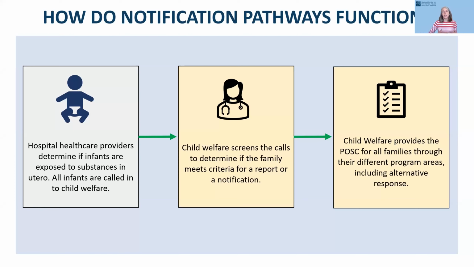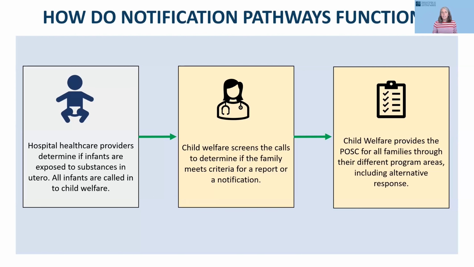In many states, if child welfare screens out or doesn't see any kind of risk issues, they have a lower intensity level that they'll work with these families within that track. So sometimes they're called assessment tracks, sometimes they're called voluntary tracks. But they'll support those families in that track, but it's still under the child welfare umbrella, and child welfare will create the plan of safe care.